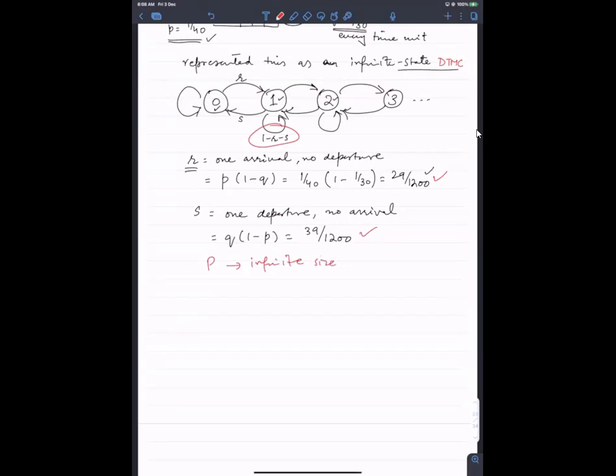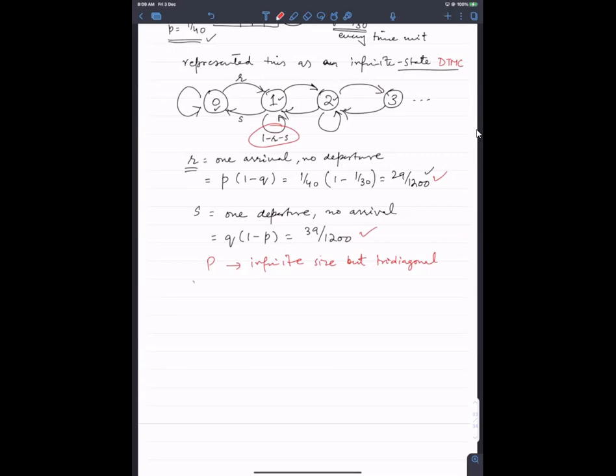So not easy to solve, but luckily it's a tri-diagonal matrix. Although the size is infinite, it's still not too difficult to solve. Lots and lots of zeros in there. And we can use the symmetry in the structure of P to solve for it.